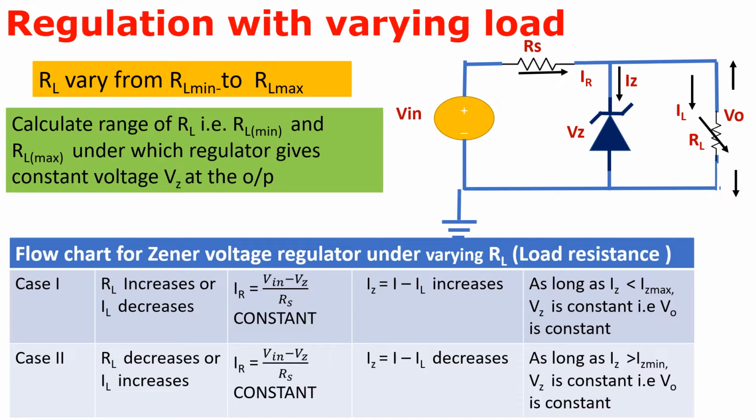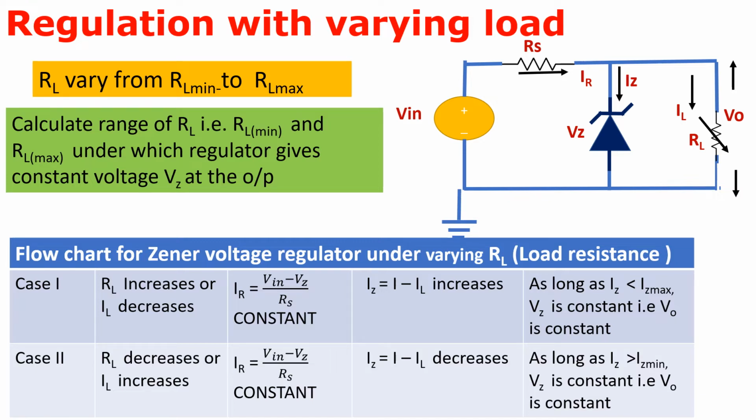In the first case, consider that RL increases. If RL increases, IL decreases. We know that if the resistance value is less, a high current will flow, so I am showing you the reverse behavior. If RL is increasing, IL is decreasing.